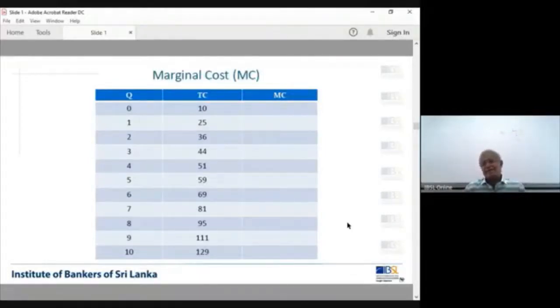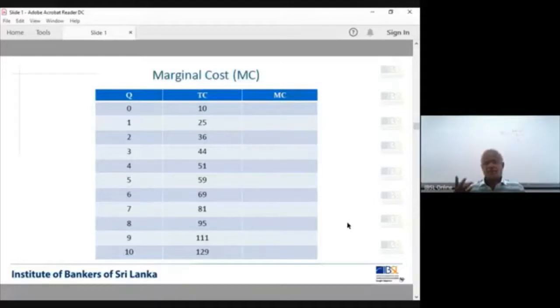Delta TC divided by delta Q. That is the marginal cost of an item per unit. The change in cost for per 1 unit change in output, marginal cost is change in cost per unit change in output.